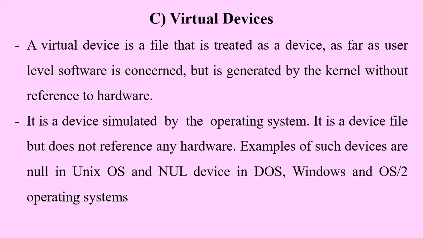It is a device file, but does not reference any hardware. Examples of such devices are /dev/null in Unix operating systems and the null device in DOS, Windows, and OS/2 operating systems.